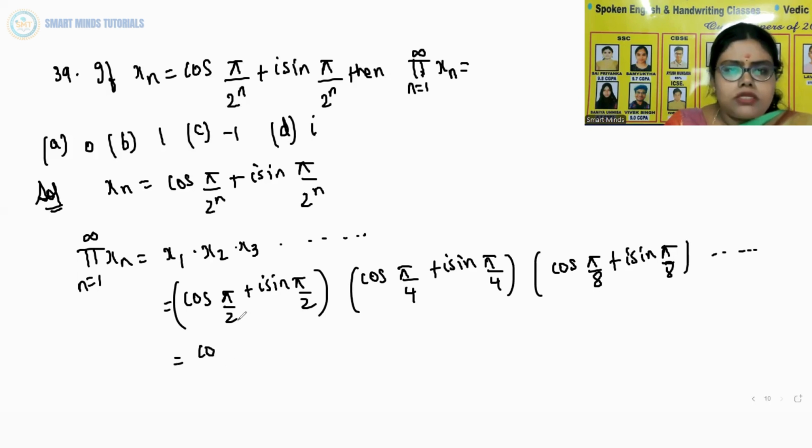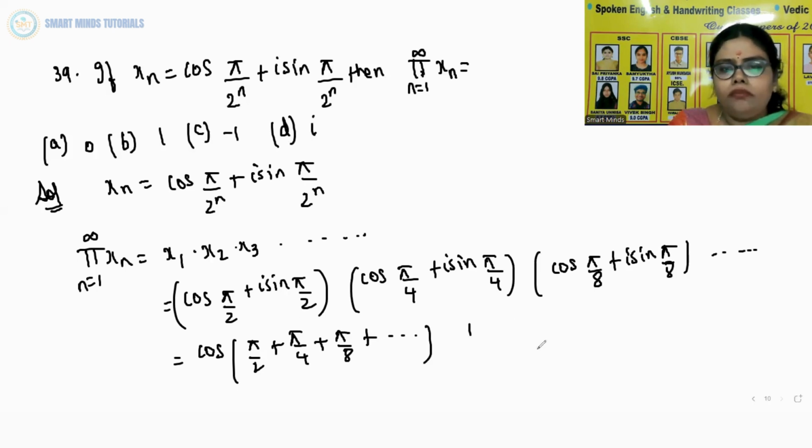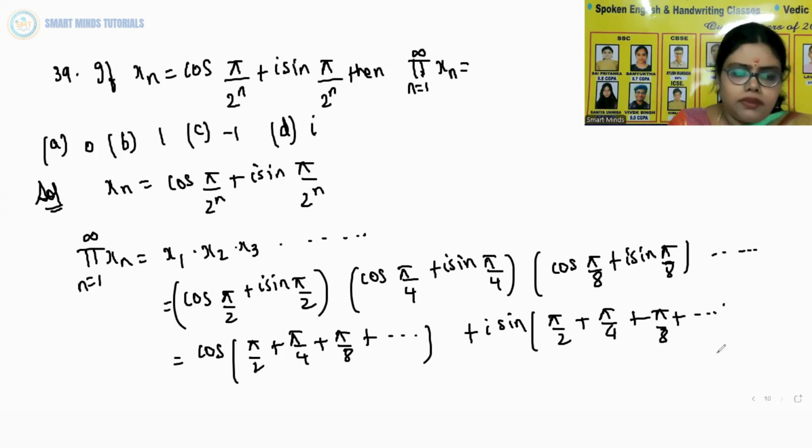If we multiply all cos together, we will get π/2 + π/4 + π/8 + and so on, plus i sin, the same way, π/2 + π/4 + π/8 + and so on.